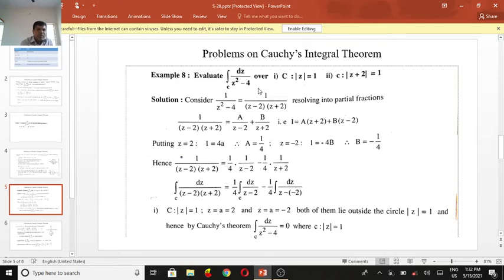We can write 1 divided by (z - 2)(z + 2) as A divided by (z - 2) plus B divided by (z + 2).